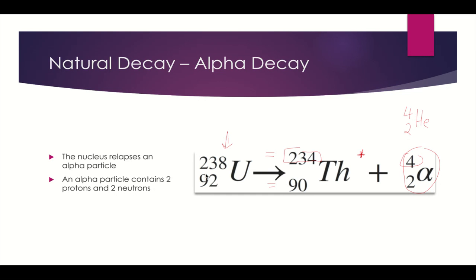And the same thing down low. 92 equals 90 plus 2. 2 plus 90 equals 92.